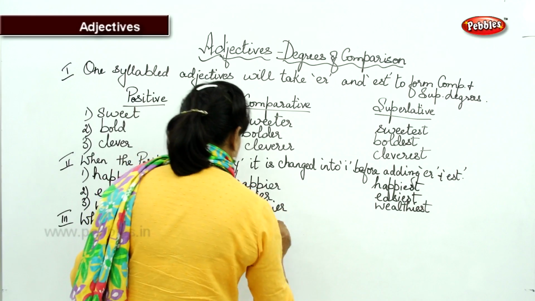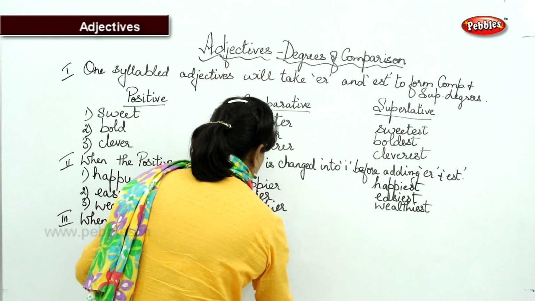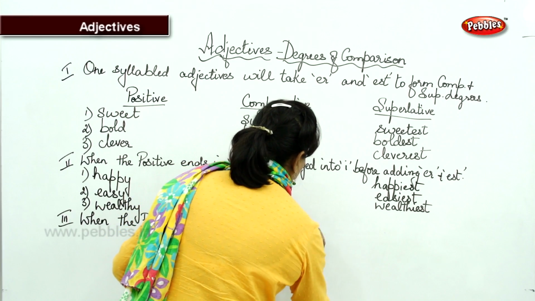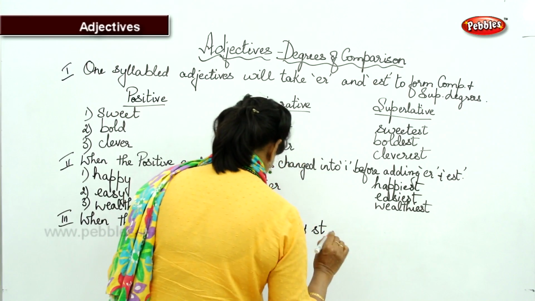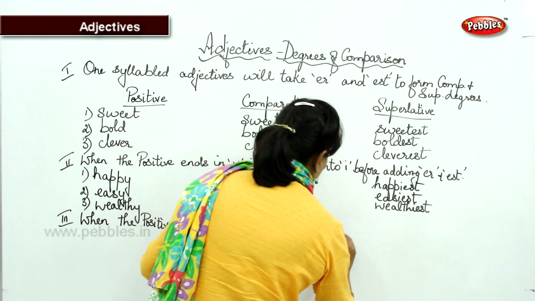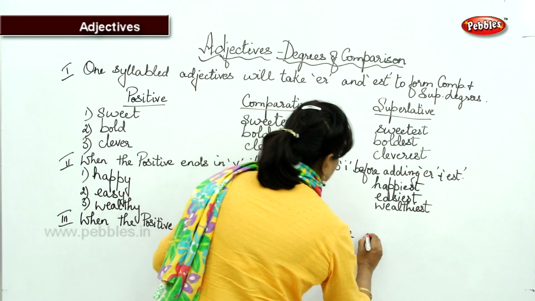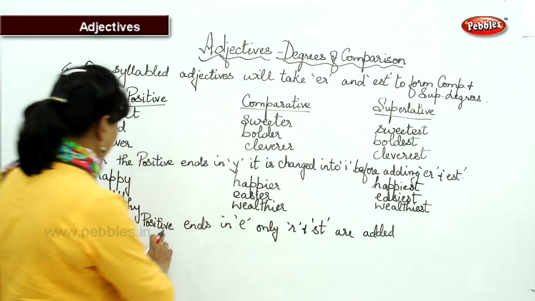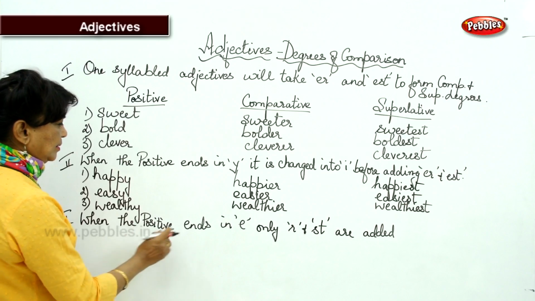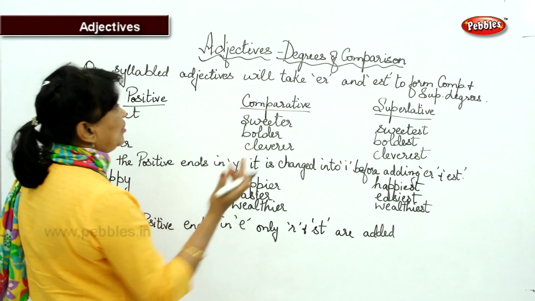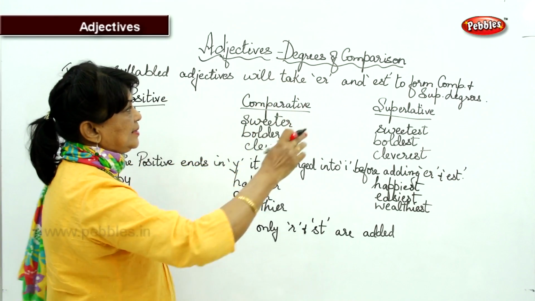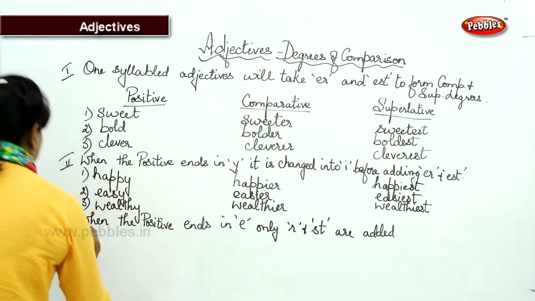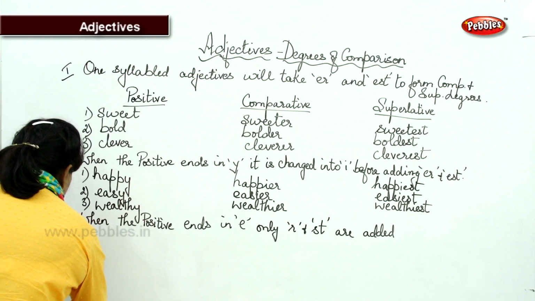Only R and ST are added. Already it is ending in E, isn't it? So, we need not take ER and EST. So, only R and ST are added. Okay. So, let us see those.